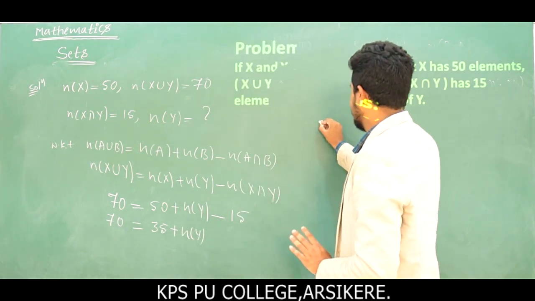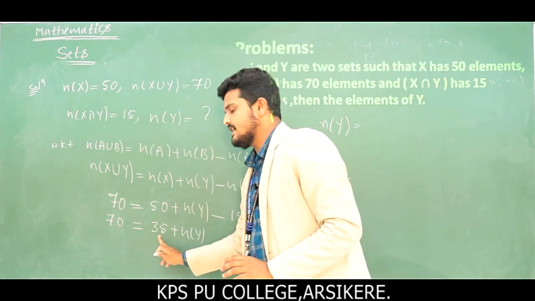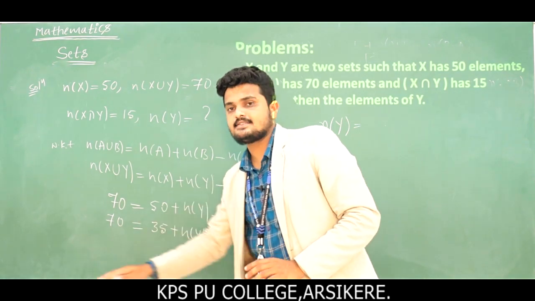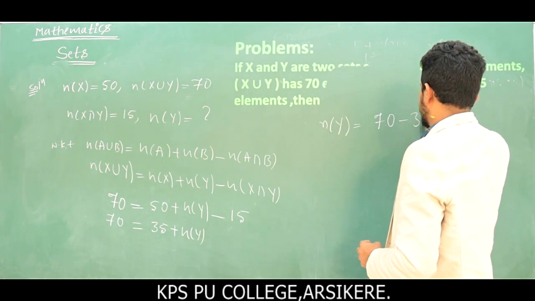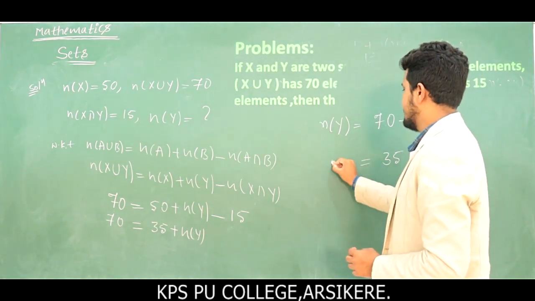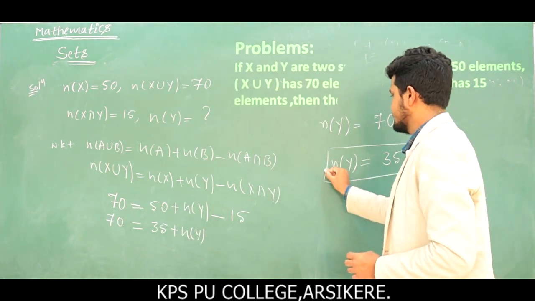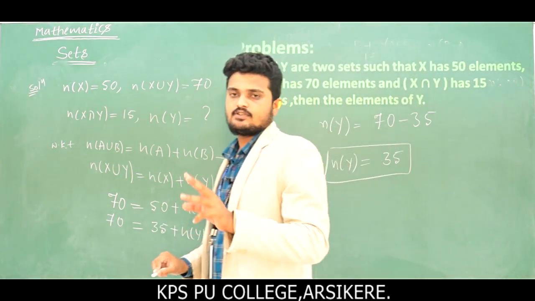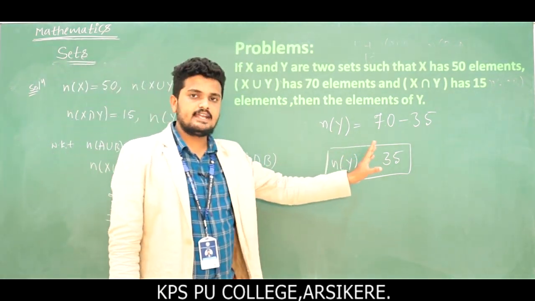So n of y is equal to 70 minus 35, which is 35. This is the value of n of y. It's a 3 marks problem. So n of y is equal to 35.